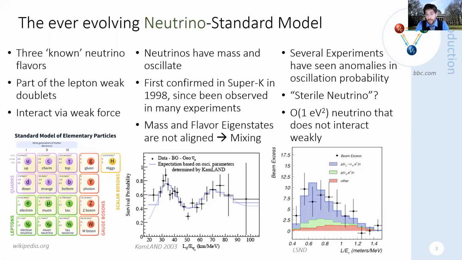And that would be another neutrino that was dubbed sterile neutrino. Because from other experiments, we know that there can only be 3 neutrinos that interact through the weak force, but there could be other neutrinos that do not participate in the weak force, and those would then be sterile neutrinos. So this would be on the order of 1 eV² mass splitting to the other neutrinos that we know of, and it could be an explanation for these anomalies.